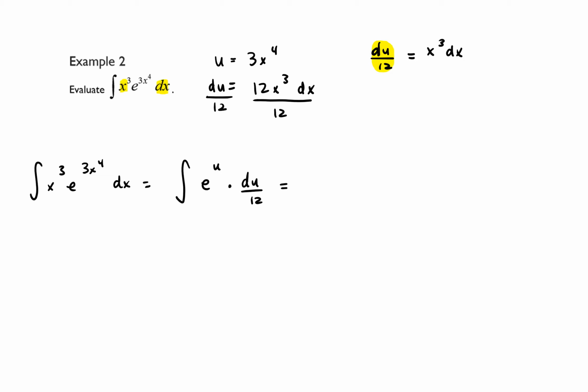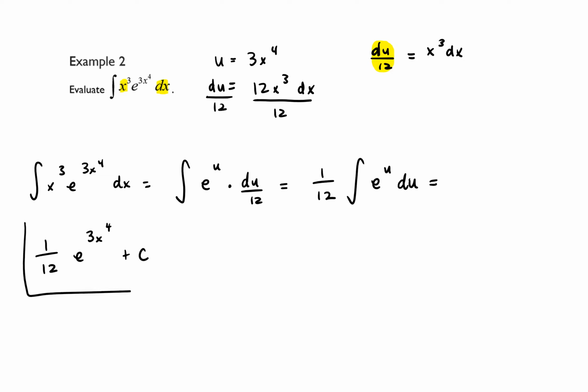I'm just going to make that look a little bit nicer. I'm going to take out the 1/12 times the integral of e to the u du. And we know that that is equal to 1/12 e to the power of 3x to the 4th power plus our integration constant.